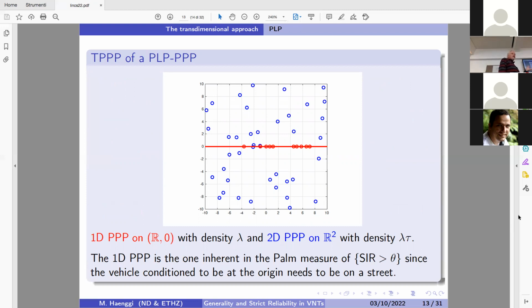It is kind of natural to add this street, because when we look at the Palm measure of this process, by conditioning a vehicle to be at the origin, we automatically require a street to go through the origin. Otherwise, the vehicle cannot be there. So in some sense, this is the street that we now explicitly model that is otherwise included in the Palm measure.